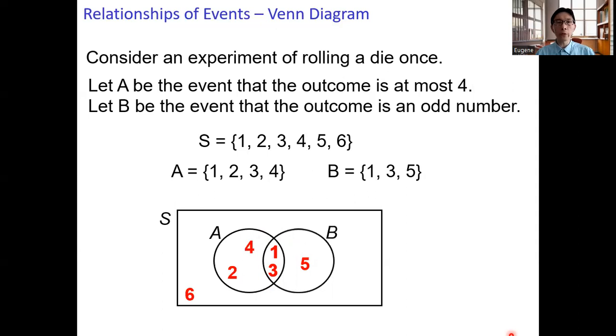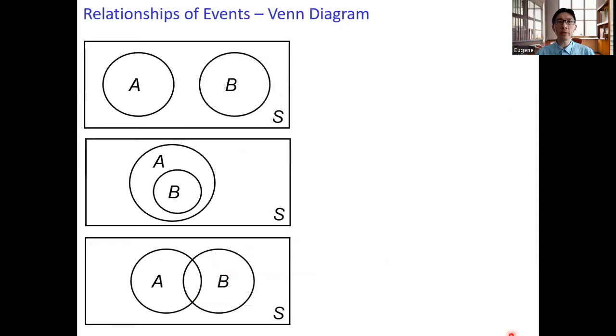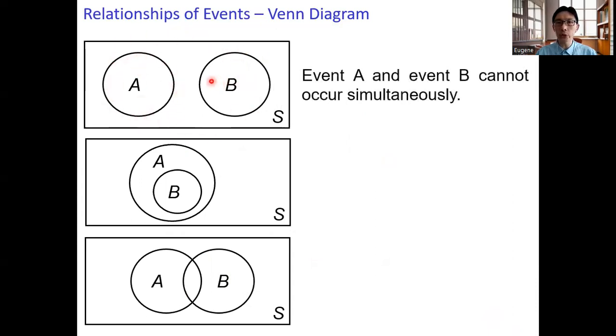So far, we have gone through some common relationships of events as shown on this slide. In the first Venn diagram, the two circles have no overlapping region. So here we say that event A and event B cannot occur simultaneously.